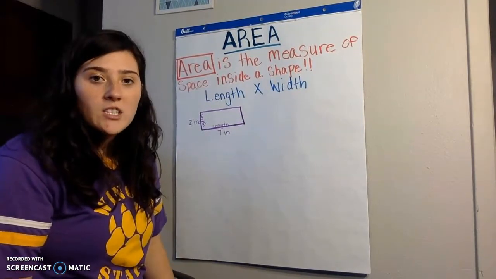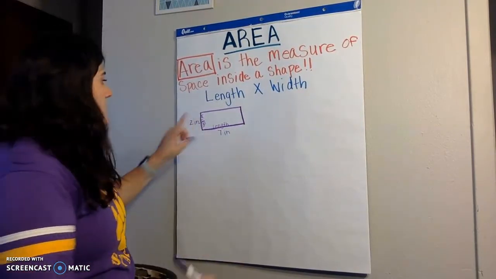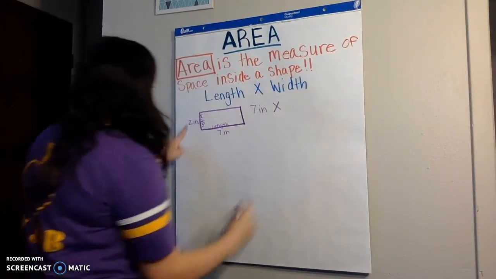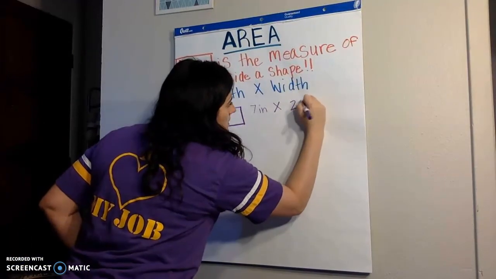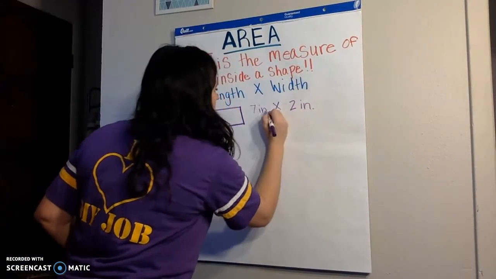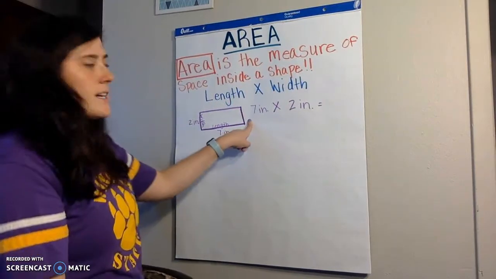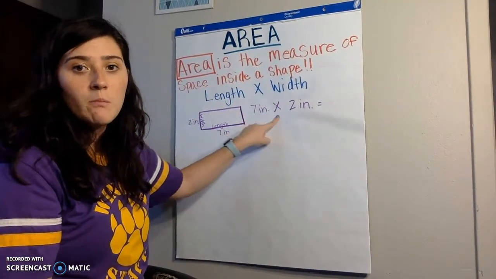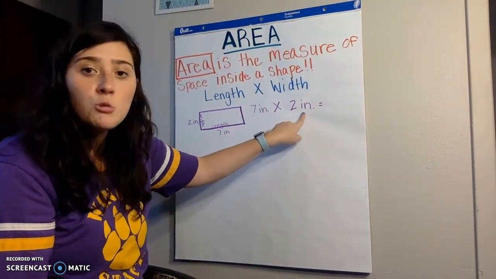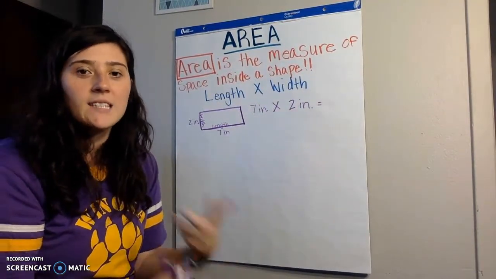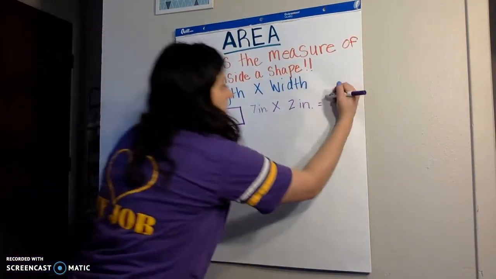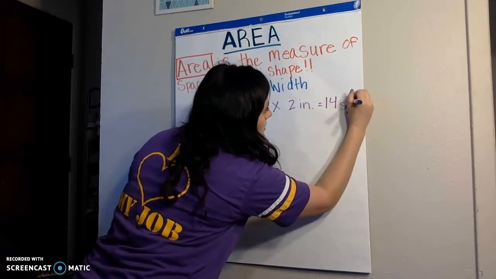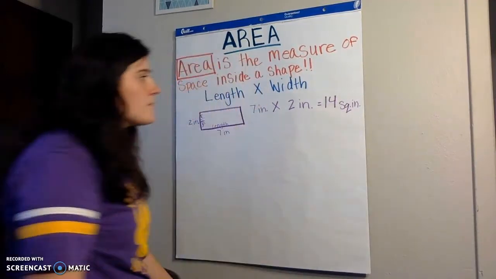Now for my equation, I'm going to write it out so I can see it. My length is 7 multiplied by my width of 2 inches. There's my equation for my area. Now I just multiply that. 7 times 2 is, I hope you're saying it, 14 square inches.